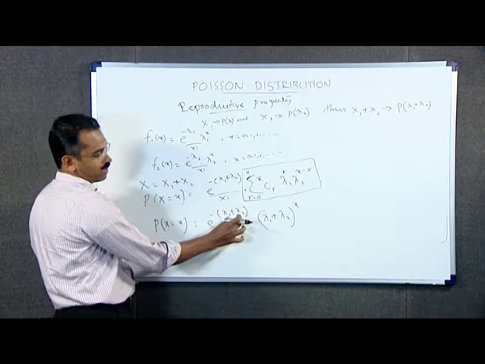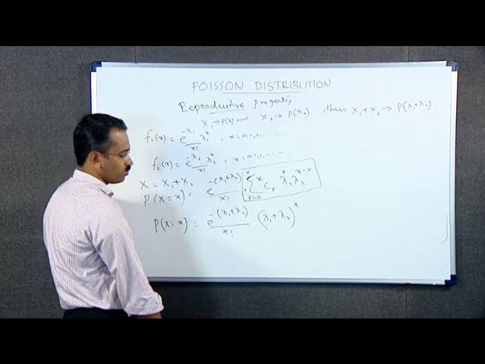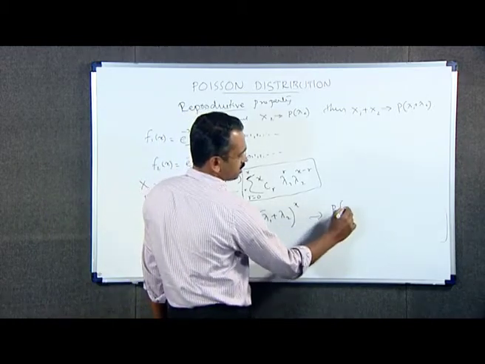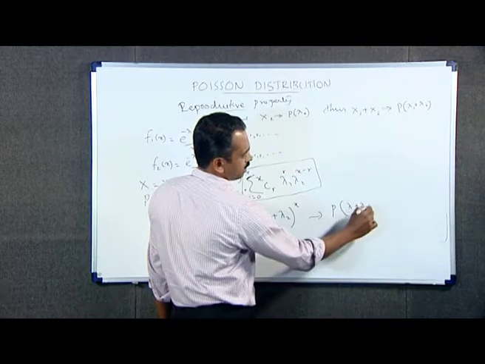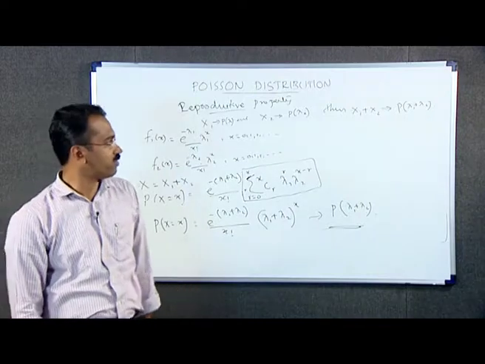Here instead of lambda, we have used lambda 1 plus lambda 2. That is, this is a Poisson distribution with parameter lambda 1 plus lambda 2. This is the reproductive property of Poisson distribution.